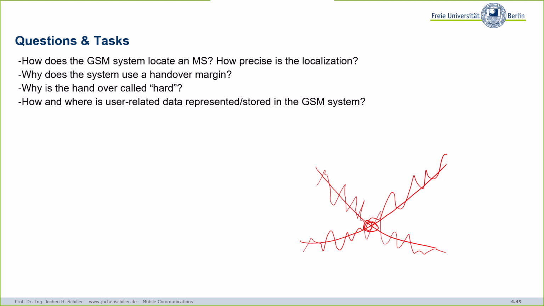I know we have something left: higher data rates and security. I will come back to this in the next Q&A session. We'll also cover a more reliable system before we then go into the third generation system. So for the next time it's a bit less material compared to today, and then we can also wrap up the whole GSM system.